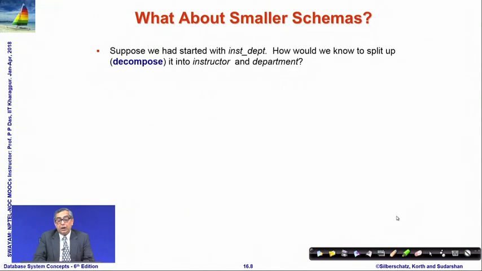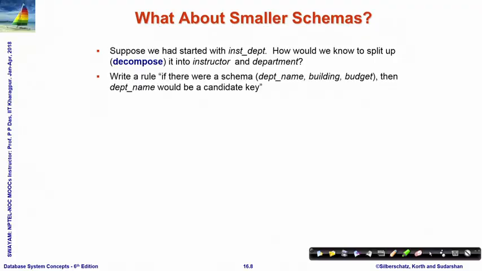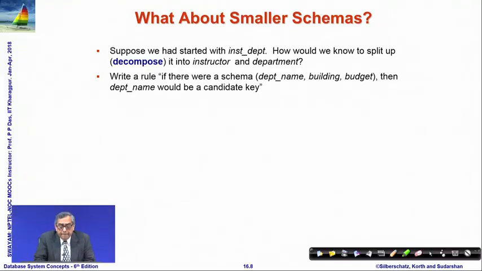So, different situations will have to be assessed. If we want to look at the other side, that if we make the schema smaller, so that we avoid redundancy, then let me just show you once more the combined inst dept relation that we saw.